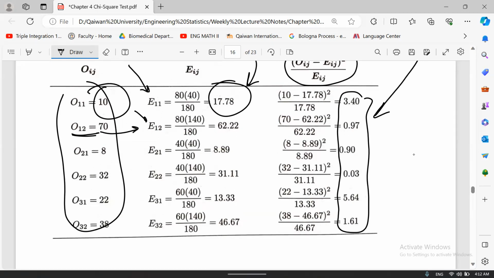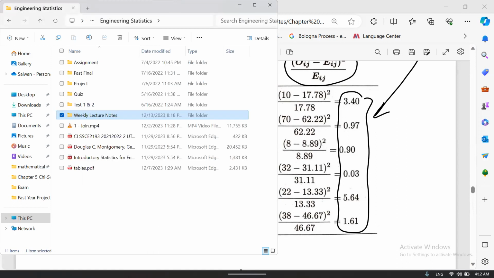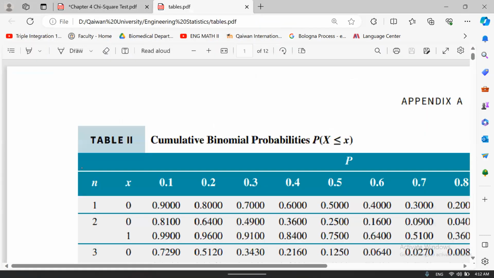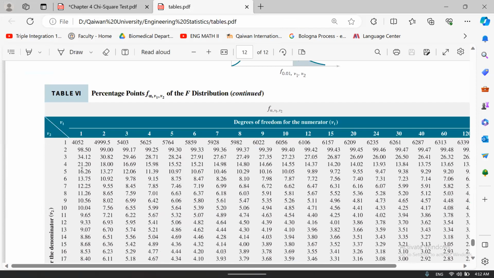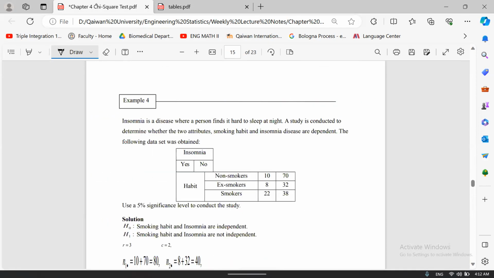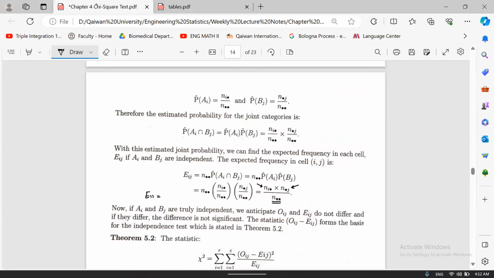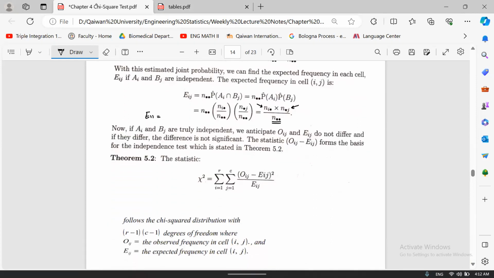That's the chi-square test. That's the chi-square calculated. And we need to find the chi-square from the table. Here we have the tables. We find chi-square from here, and then we compare the results that you get from the test and the results you get from the table.